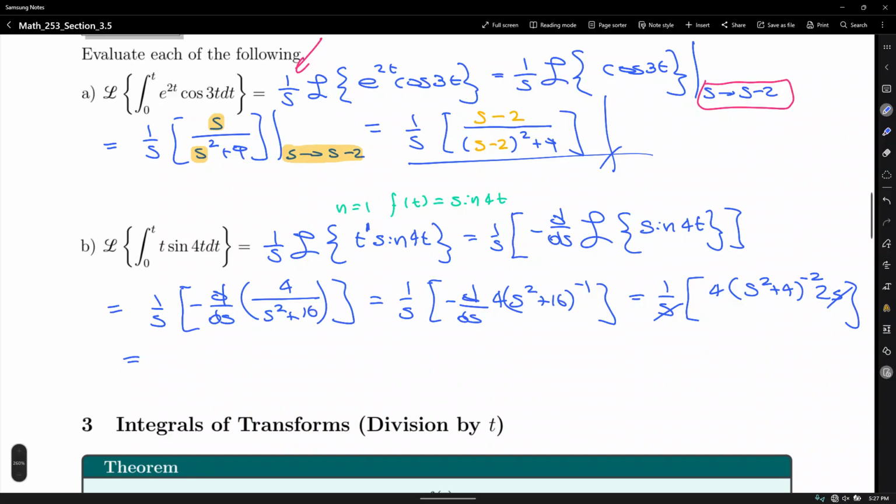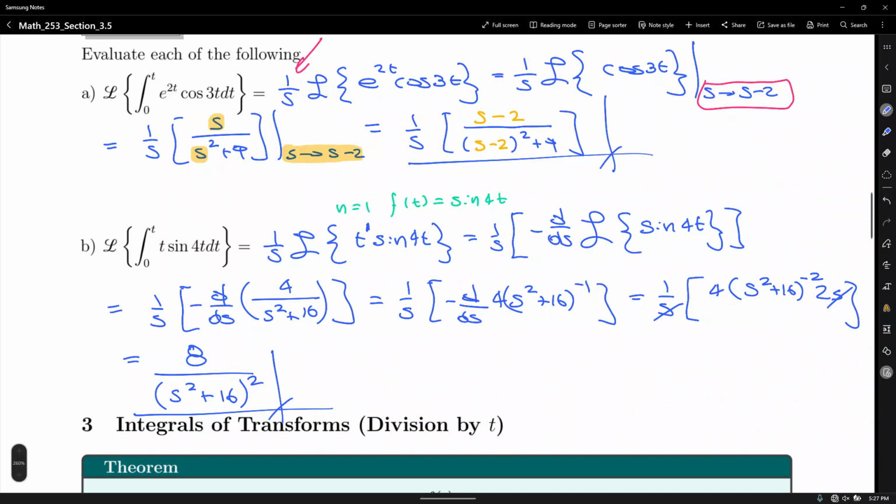So let's keep simplifying: 4 times 2, no, 8 rather, divided by s squared plus 16 quantity squared. Final answer. So this is what we will be doing throughout this section.